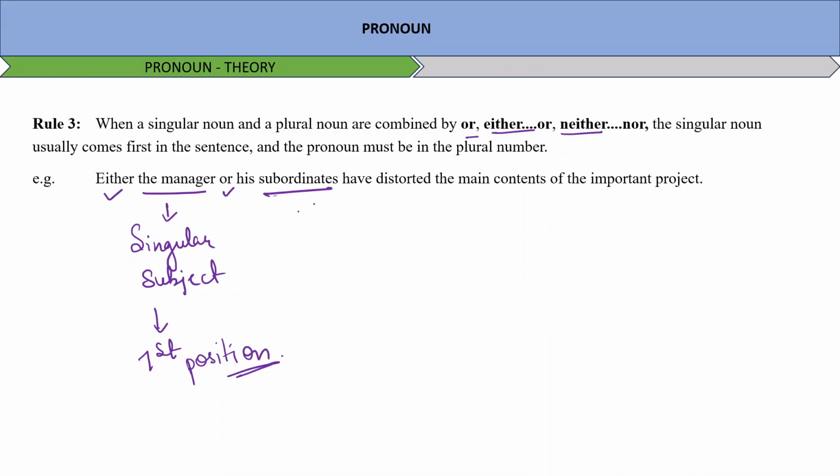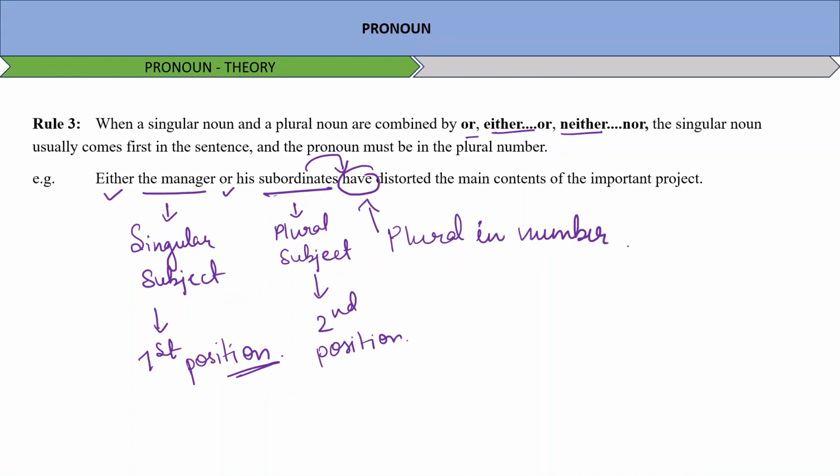The plural subject will be placed later, in the second position, and the verb or the pronoun used after the plural subject will be plural in number. Okay, you will always use a plural verb.